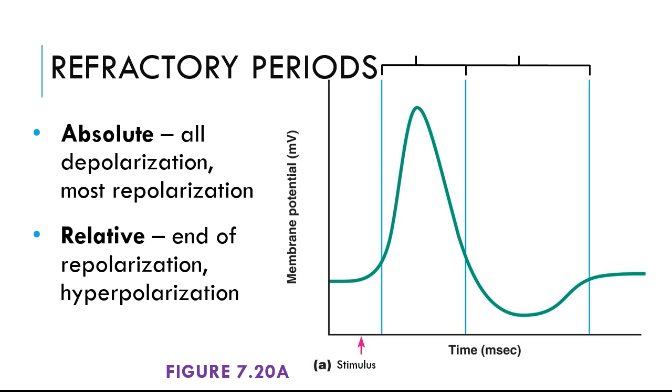As potassium's flowing out, so we're taking all this positive charge out, what's the probability of the cell crossing threshold to depolarize? If I'm taking positive out, what's the probability of positive leaking in and causing the cell to depolarize to threshold?